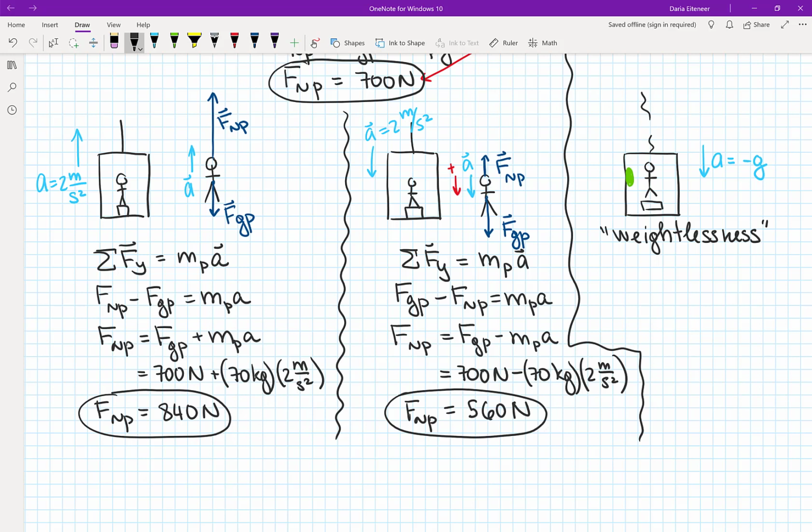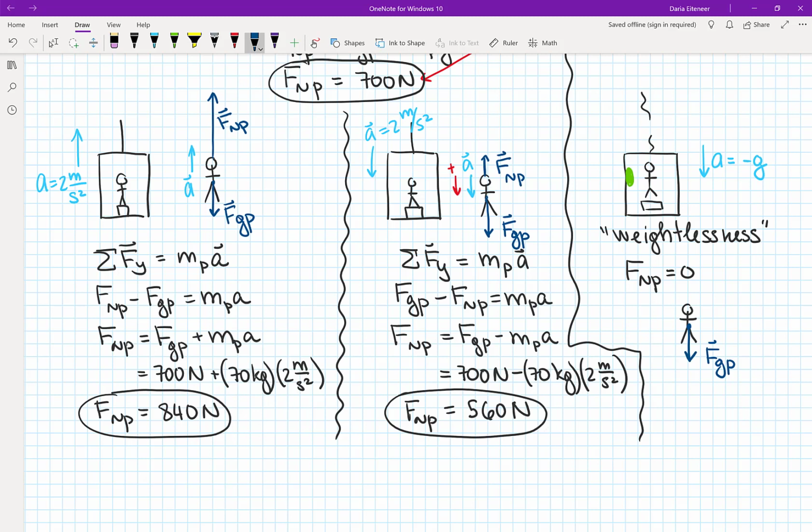Okay? So because there is no contact anymore, the normal force is equal to 0. Now, if I wanted to draw a free body diagram here for the person, guess what? There is only force of gravity acting on that person. So weightlessness is not really the absence of weight, because Earth is still pulling on that person.